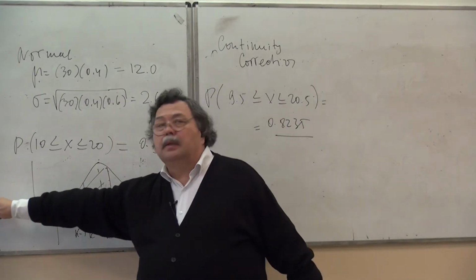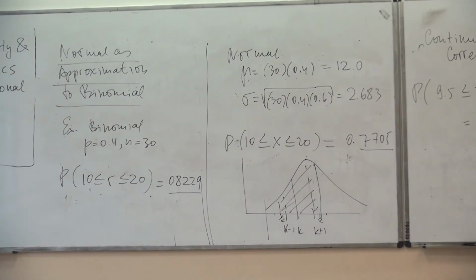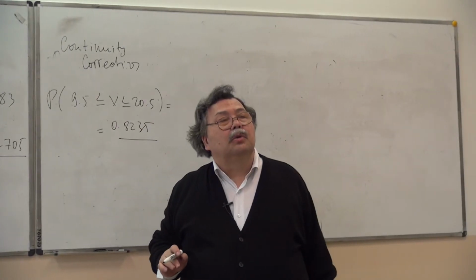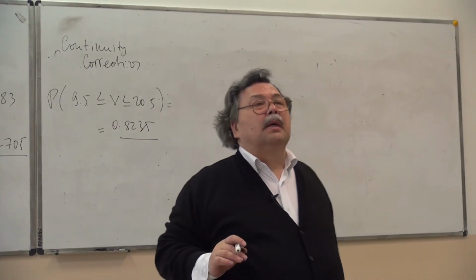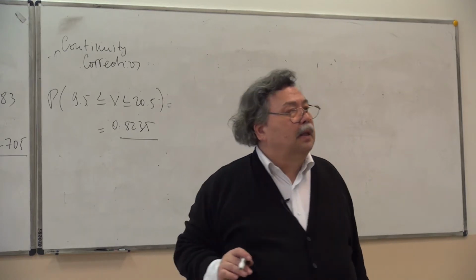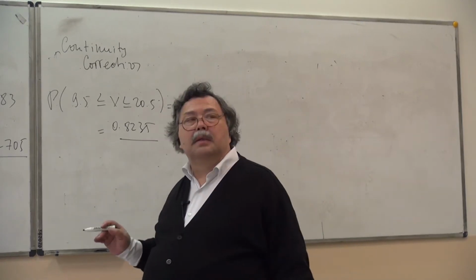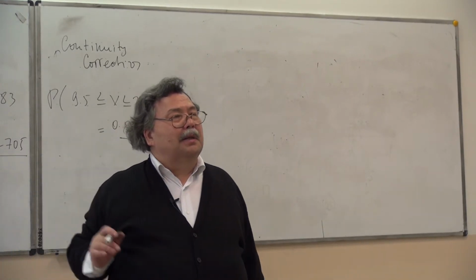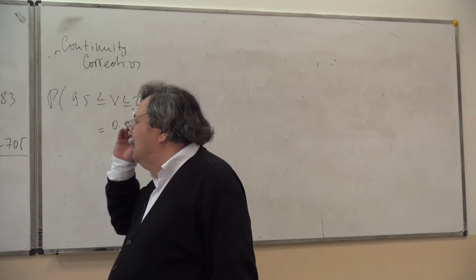Now, if you compare this answer and this answer, you'll see that this one is correct to 2 decimal places, which is a very good match in practical terms. So it's an important example. I hope it'll leave a trace in your memory.